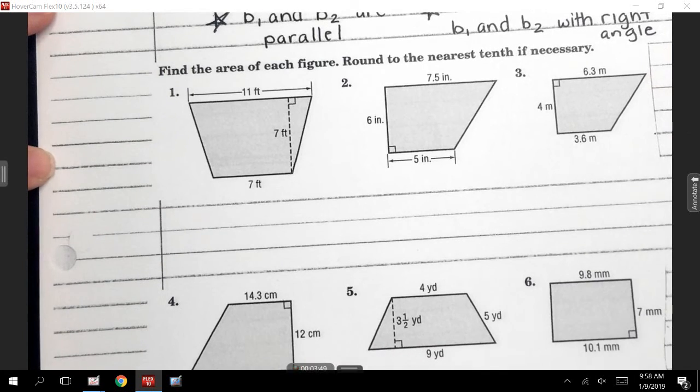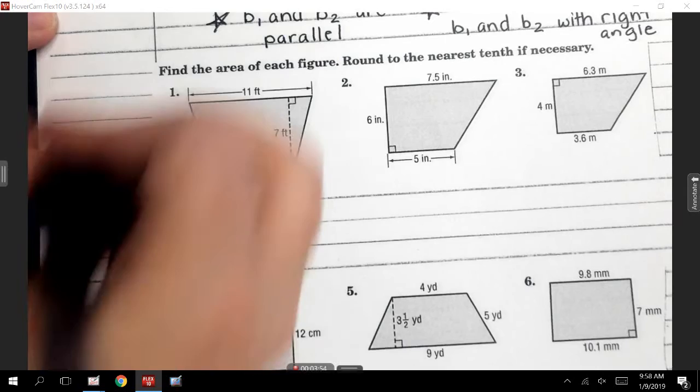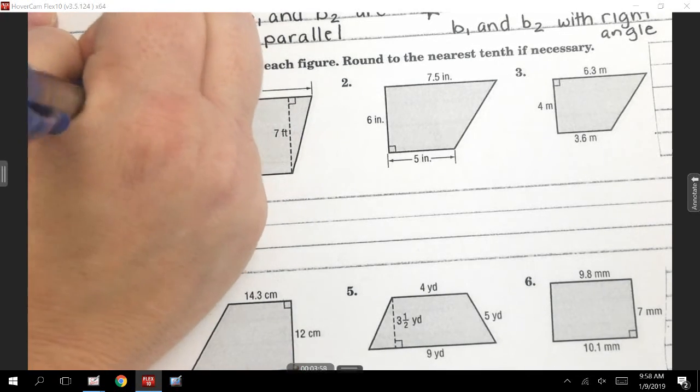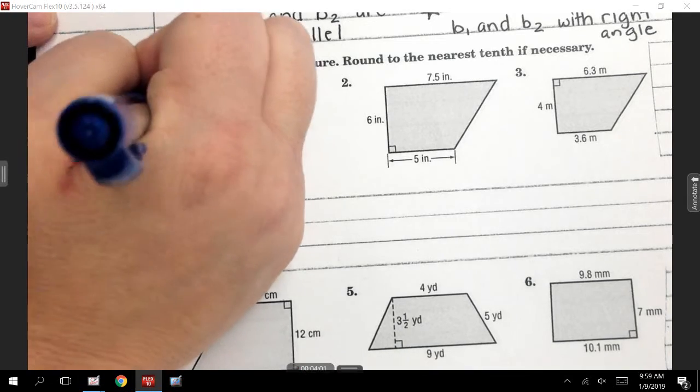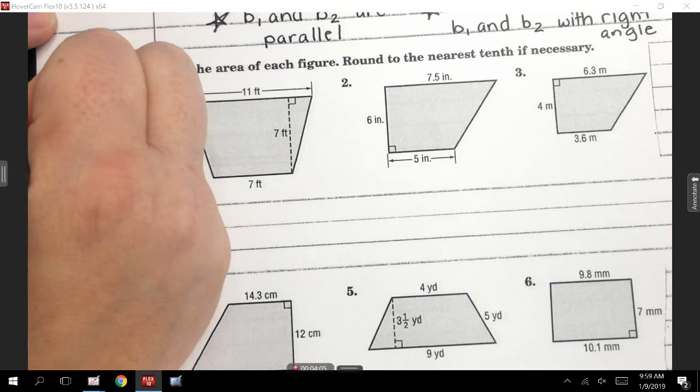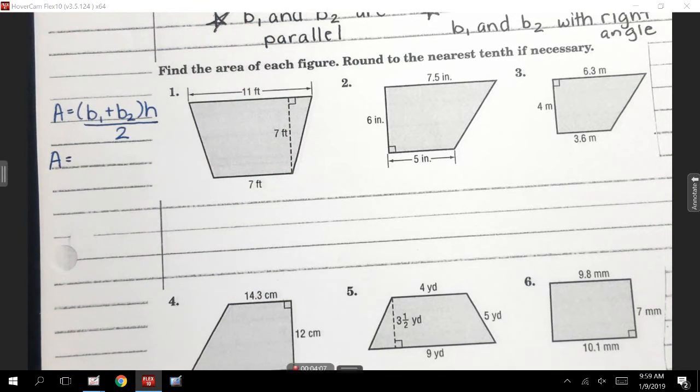So we're going to look at number 1. We're going to do an example, just like every other example. Step 1 is write the formula. So we're going to write A equals my bases added together, so base 1 plus base 2 times the height divided by 2. So A equals.